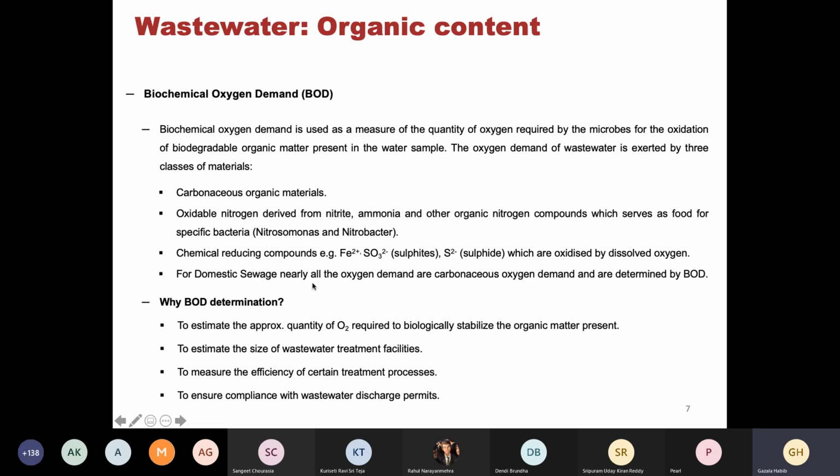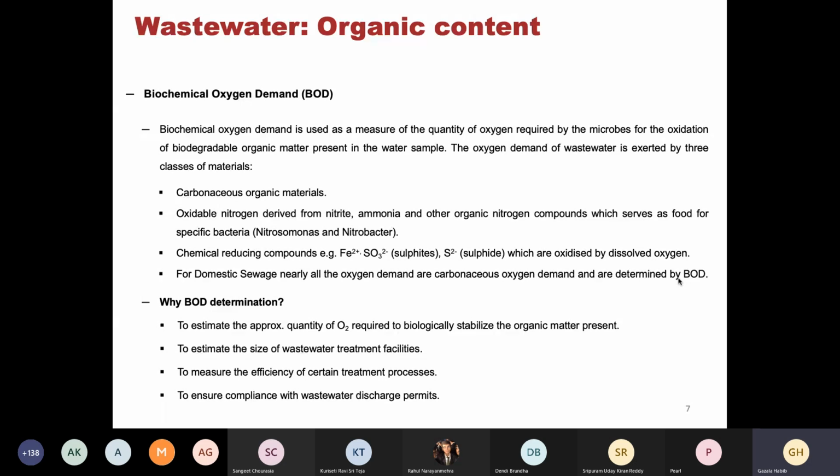For domestic sewage, nearly all the oxygen demand is carbonaceous oxygen demand and is determined by BOD. In domestic sewage, generally we do not find reducing compounds like Fe2+ or SO3 2-.